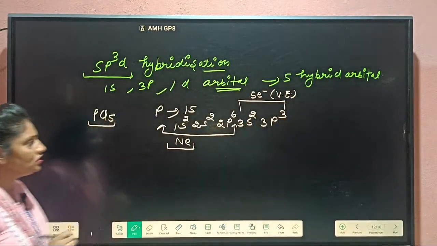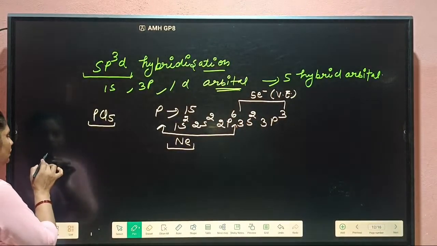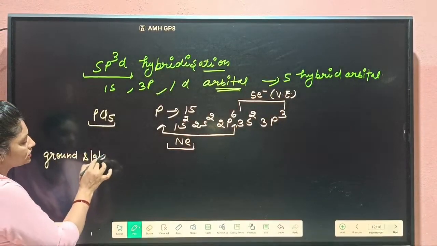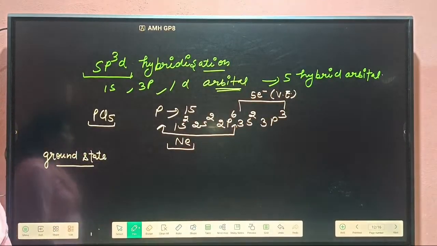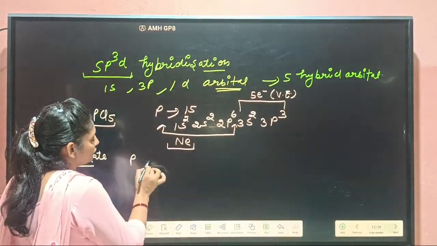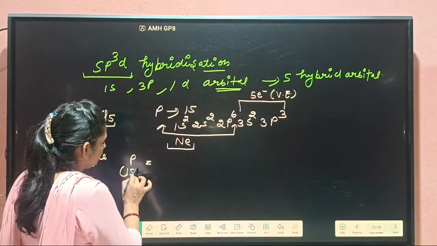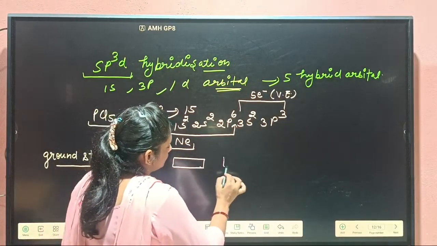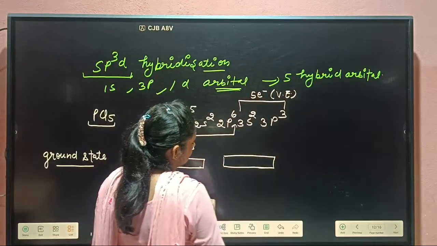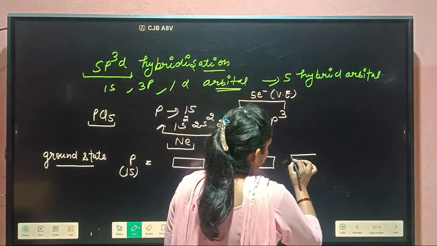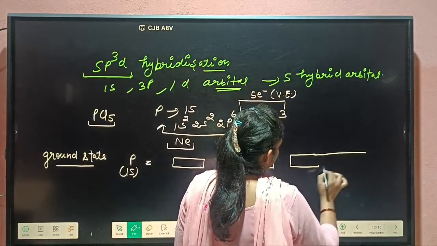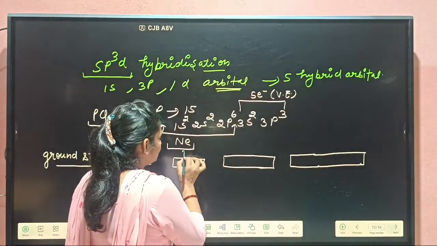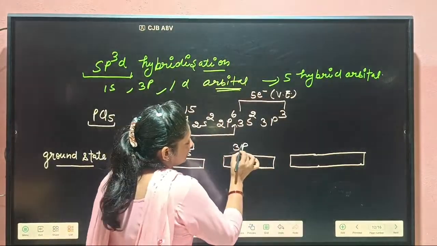Okay, students. So we can write the ground state for phosphorus. Phosphorus ground state: 3s, 3p, and 3d.